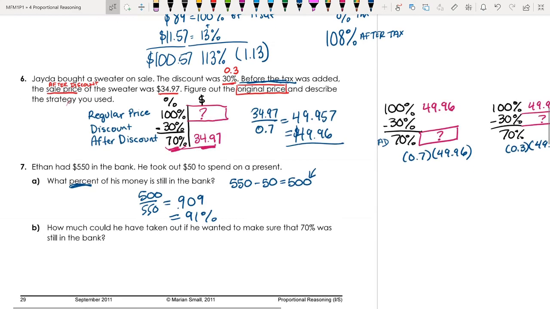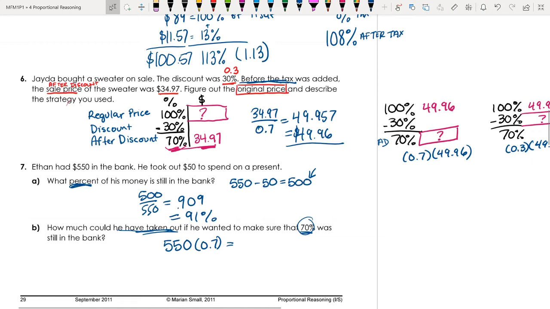How much could he have taken out if he wanted to make sure that 70% was still in the bank? So remember, he started with 550 and he wants to make sure there's still 70% left, but we're trying to find out how much he could have taken out to guarantee there's 70% left. So there's two ways you could do this. First, you could find what is 70% of 550.